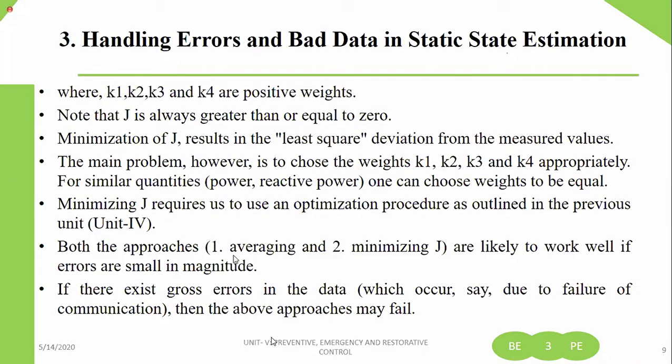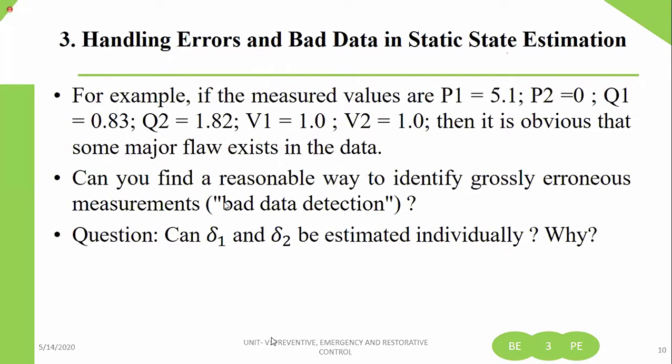So how to go about this? Before we do, try to see here. For example, if the measured value of P1 is this much, normally you will not have P2 value 0. Just as an example to make it clear, I have given P1 is 5.1, P2 is 0, Q1 is 0.8, Q2 is 1.82, V1 1, V2 1.